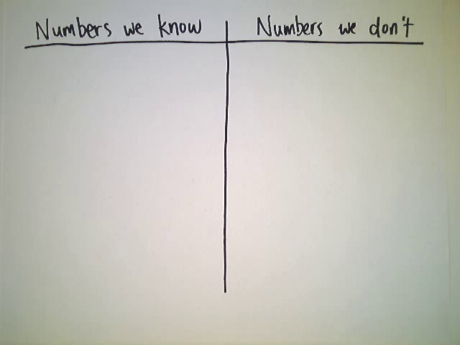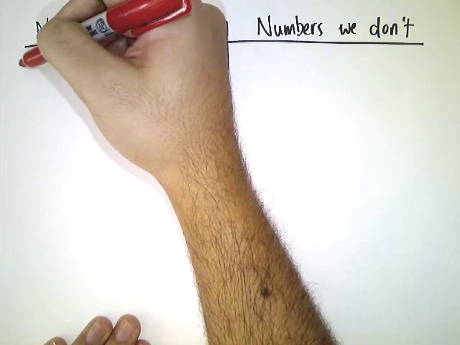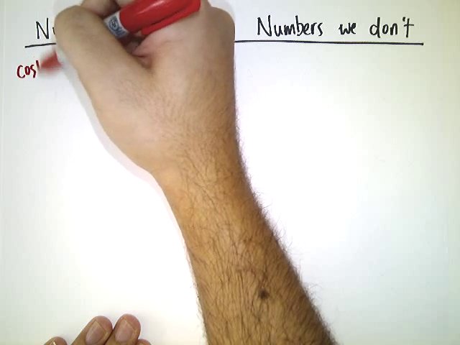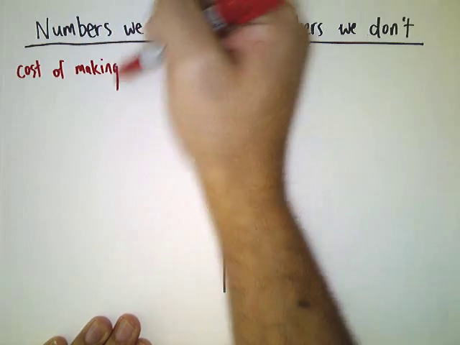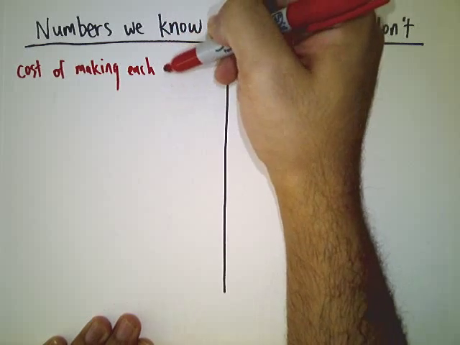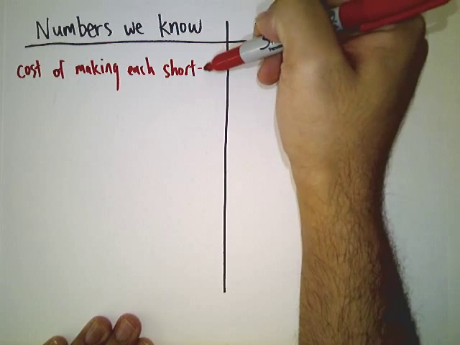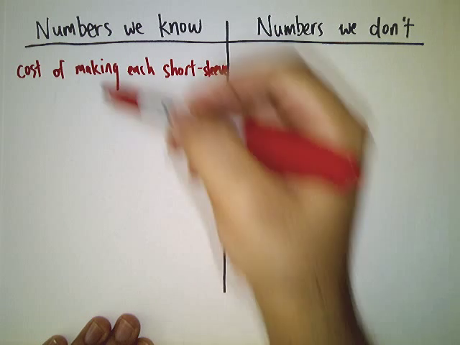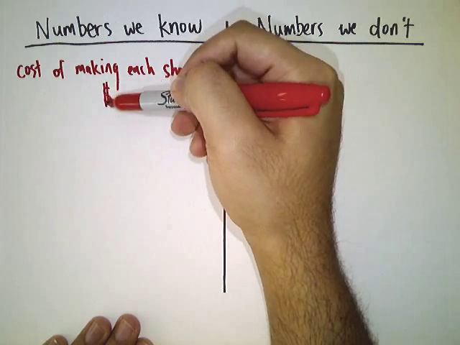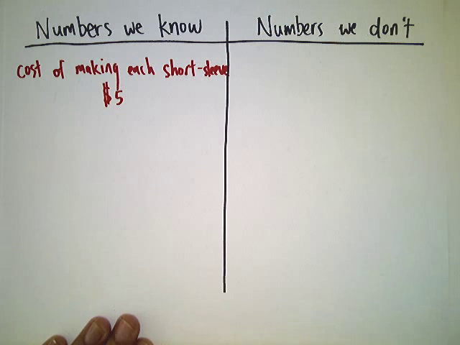Okay, so in this situation, we were given the cost of making each short sleeve, and that was actually $5. That's $5 to make each short sleeve.